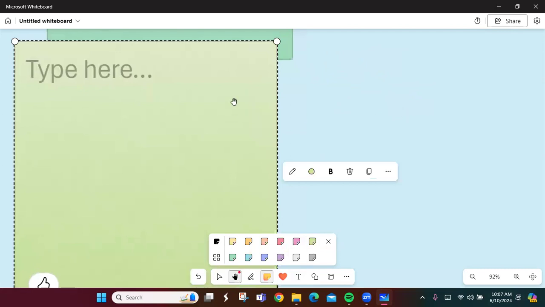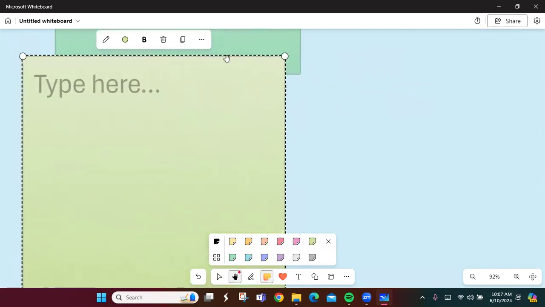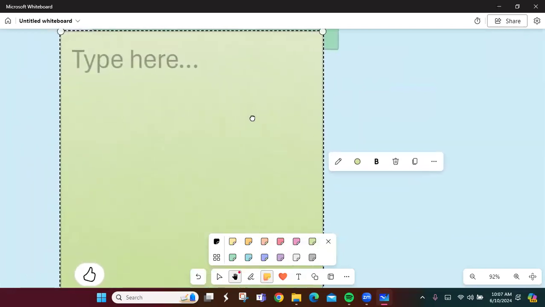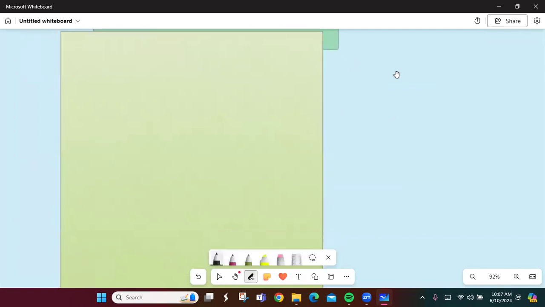Let us consider the next problem: the square root of 13,924.